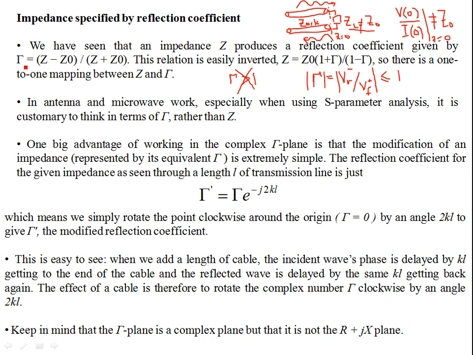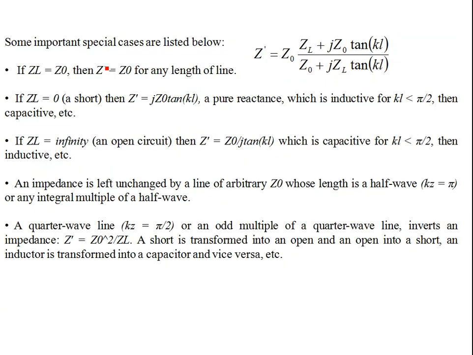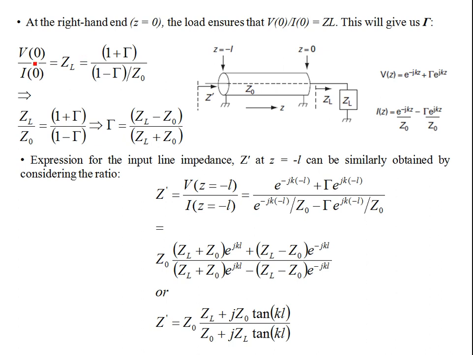So this gamma, if you recall, at Z equal to 0, we calculated in terms of the impedances. This is ZL minus Z naught over ZL plus Z naught. What we did was we calculated this by considering V naught by I naught, and this was equal to ZL. If you see in the first equation, V of 0 equals 1 plus gamma.